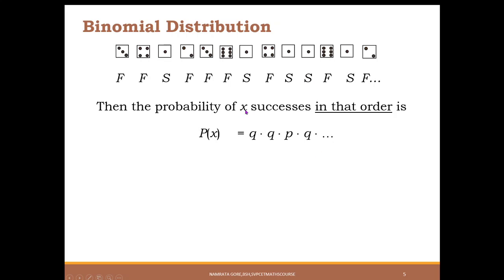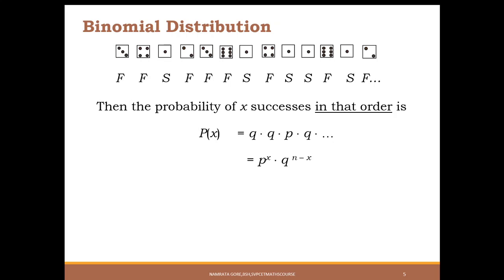So when we have X successes, P will appear X times and Q will appear n minus X times, where n is the number of trials and X is the successes. So n minus X will be the failures. So the probability of failure will appear n minus X times and P will appear X times, and it will be written as P to the power X, Q to the power n minus X.